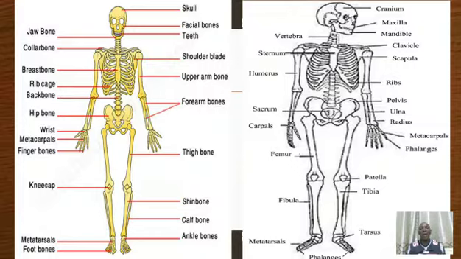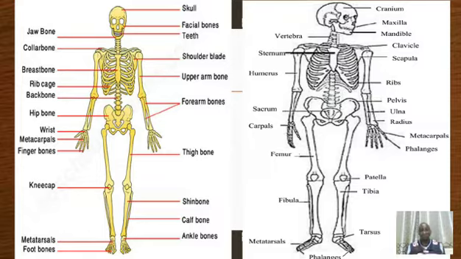Where they join to the foot, at the ankle, we have what we call the ankle bones, also called the tarsus. Then in the foot, we have the metatarsals, and these end in the toes with what we call the phalanges. So those are the bones of the skeleton.